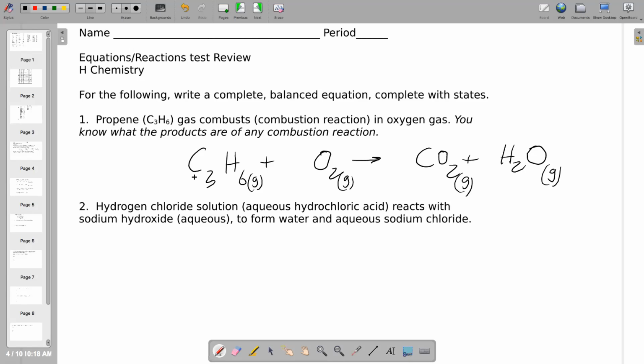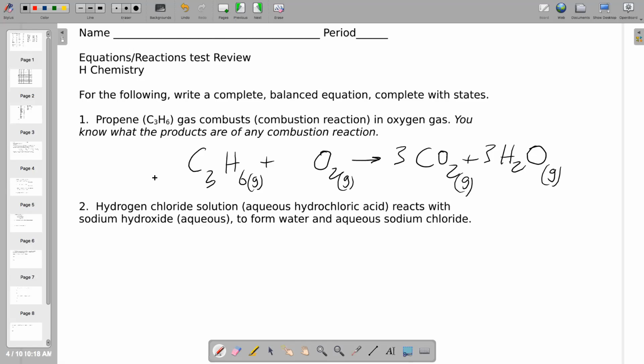When you try to balance this, if you start with the carbon, there's 3 carbons here. You might want to put a 3 in front of that carbon dioxide. And then the hydrogens, there's 6 hydrogens, so you might want to put a 3 in front of that water. But now you run into a problem, because on the left there's 2 oxygens. That's an even number of oxygens. But on the right, there's 6 oxygens in the CO2 and another 3 with the H2O. So that's 9 oxygens on the right, but 2 on the left. And you can't put a 4.5 here.